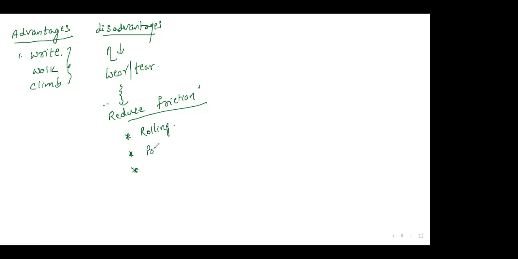And you have to polish the surface. You have to use ball bearings to reduce the friction. So these are the methods we use to reduce friction: rolling, polish, ball bearings.